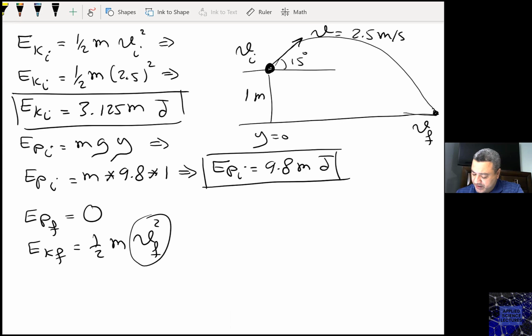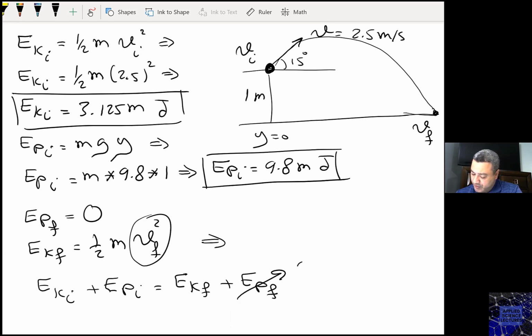We don't know the mass, so then I have EKI plus EPI equals EKF plus EPF. So we said EPF is 0.